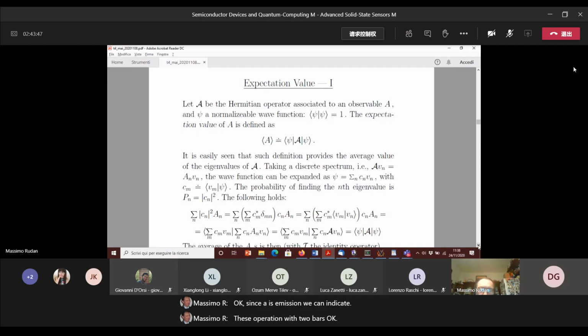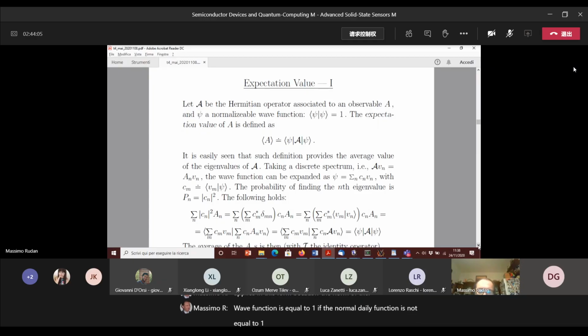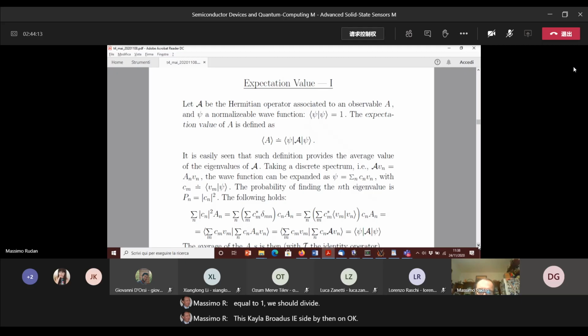Now, this is a purely abstract definition. The definition applies in this form because the norm of the wave function is equal to 1. If the norm of the wave function is not equal to 1, we should divide the scalar product psi A psi by the norm. But we always assume in this context that the wave function is normalized.